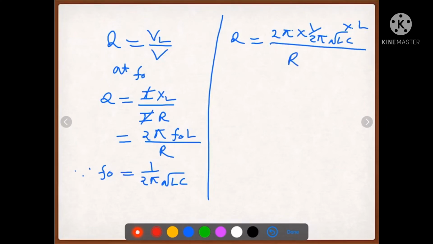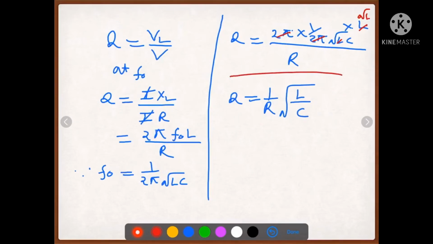So we can cancel this, this, this, and we will have under root of L. Finally we will have 1 upon R under root of L upon C. So this is one more formula for quality factor which you can use in the numericals.